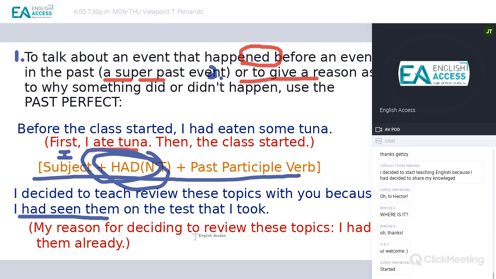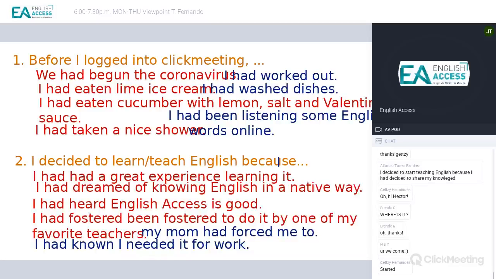Three things, Torres. Look at first. I want you to take a look at all the examples from your classmates. I decided to learn English because I had had a great experience learning it. I had dreamed of knowing English in a native way. I had heard English accents is good.